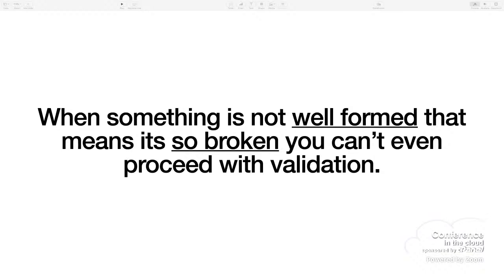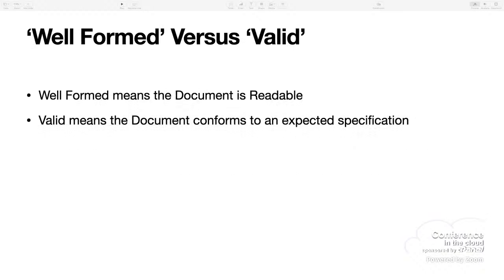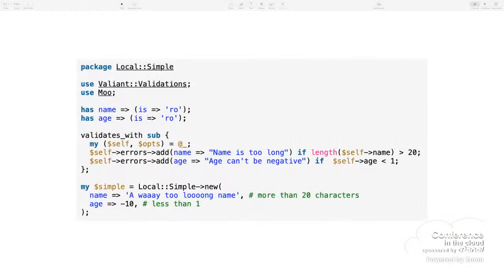Whereas in the case of something that's simply invalid, it is a possible situation that you want to help the user work through. Going back to the example, in the case where somebody gives an age that's too low, you don't want to just break and say, sorry, can't proceed. You would like to give your user client some sort of information to help them fix the mistake they made, okay?